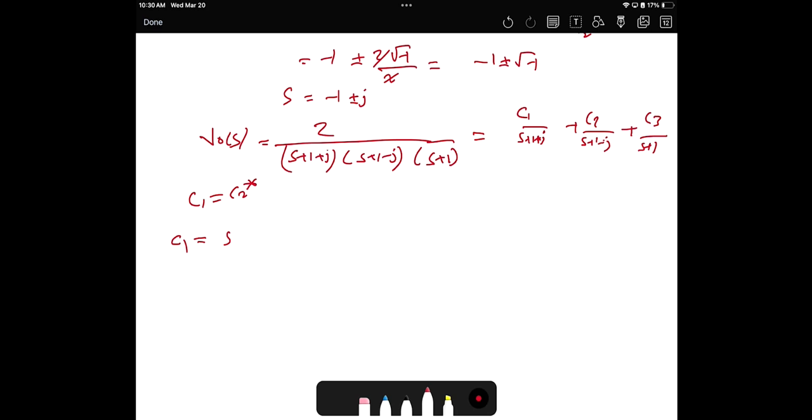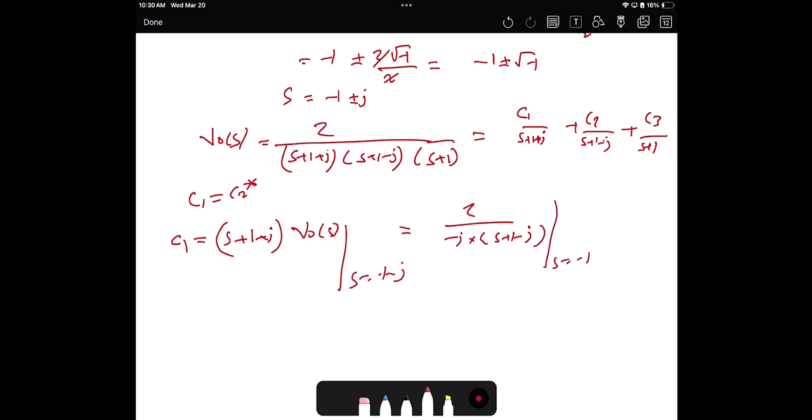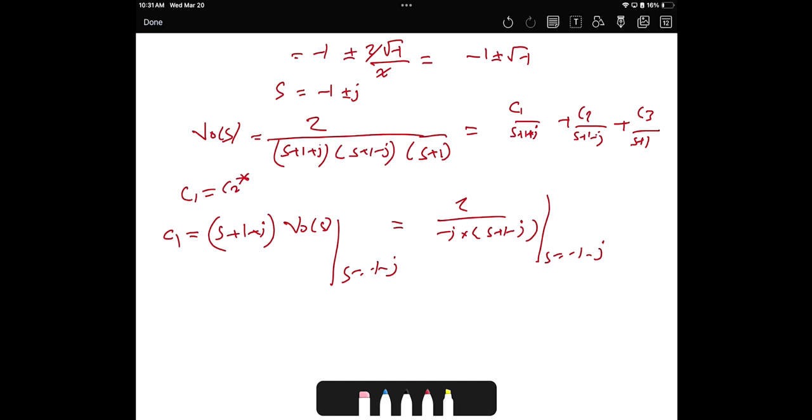C1 equals S plus 1 plus J times VO of S, substituting S equal to negative 1 minus J. After substitution it will be 2 divided by negative J times S plus 1 minus J, when S equals negative 1 minus J. So the answer will be negative 1.